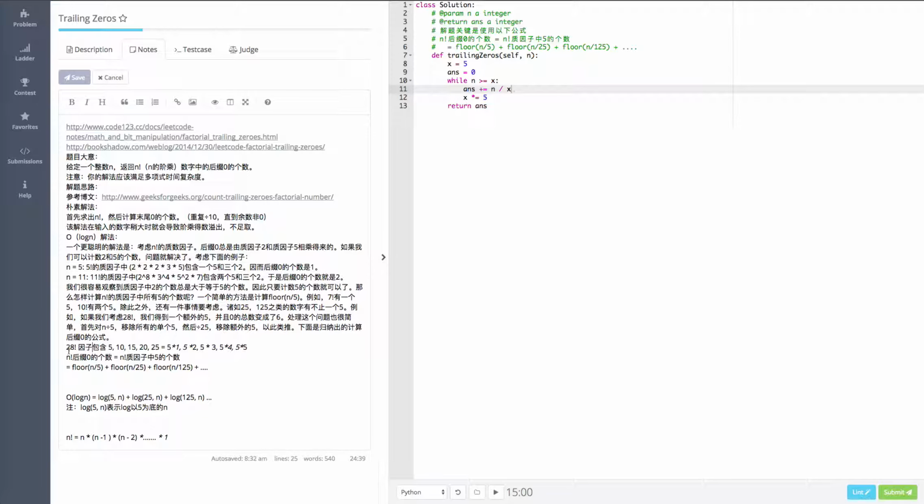For example, let's look at 28 factorial. We can see that we have 5, 10, 15, 20, and 25 as its factors. In this case, how many 5s do we have? 5 is 5 multiplied by 1, 10 is 5 multiplied by 2, 15 is 5 multiplied by 3, 20 is 5 multiplied by 4, and 25 is 5 multiplied by 5.